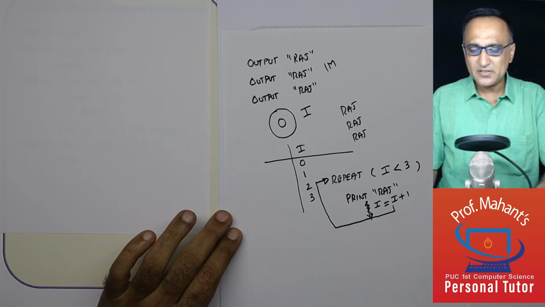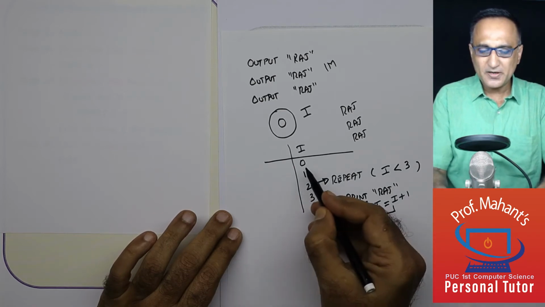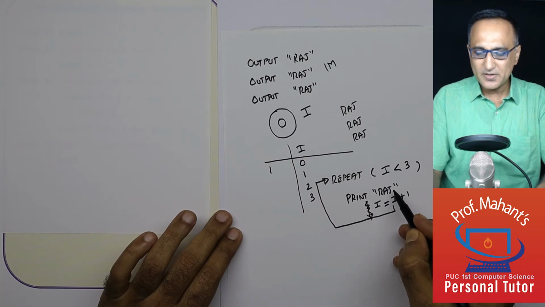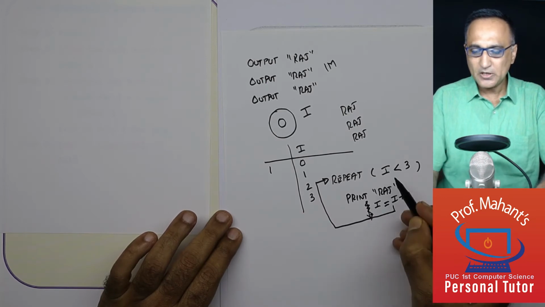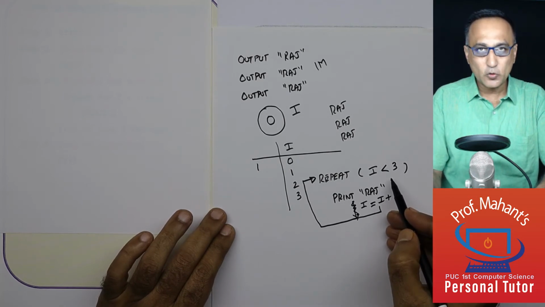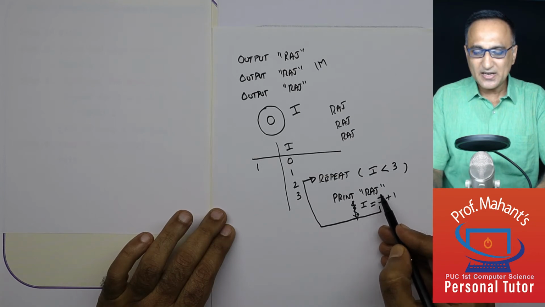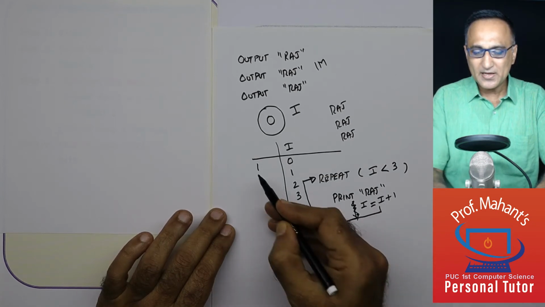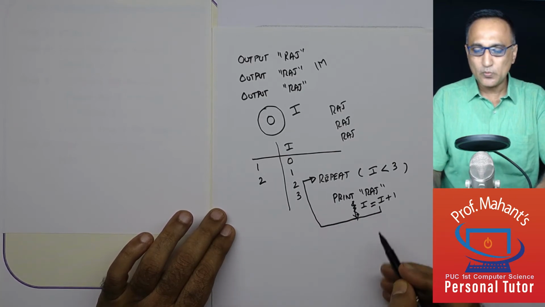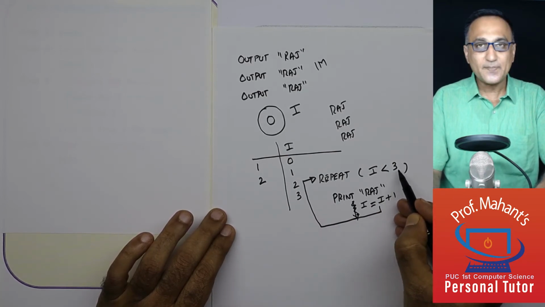Now see what happens. The first time Raj is printed, I was 0. Now I became 1. After it prints Raj, now I becomes 1. Is 1 less than 3? The condition is still true. That means 1 is still less than 3. Next time I print Raj again, I's old value was 1. 1 plus 1 is I becomes now 2. Is 2 less than 3?